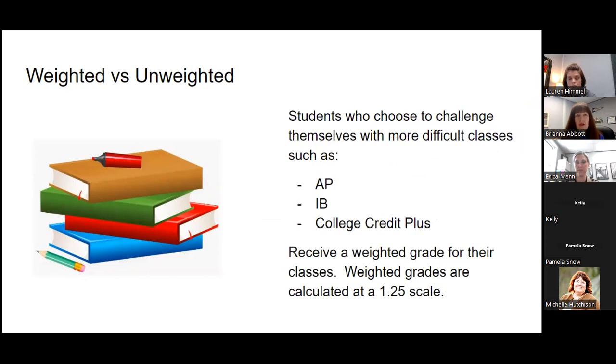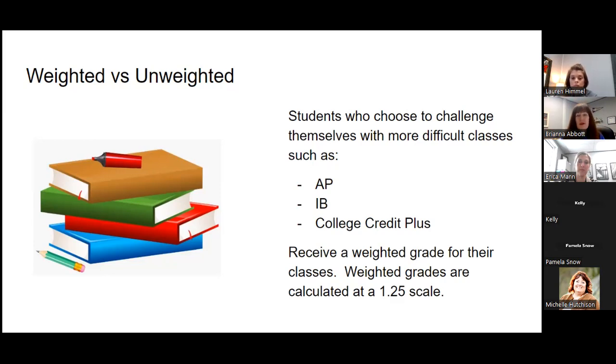Sometimes students will think, oh, if I get a C in the class, it's the exact same as if I had a B. And it's not, because a C on a weighted scale is a 2.5. So while it's higher than a regular C, it's still not as high as a B in an unweighted class. When kids are making those decisions, we want them to appropriately challenge themselves, but we still want them to be able to do well in those classes.